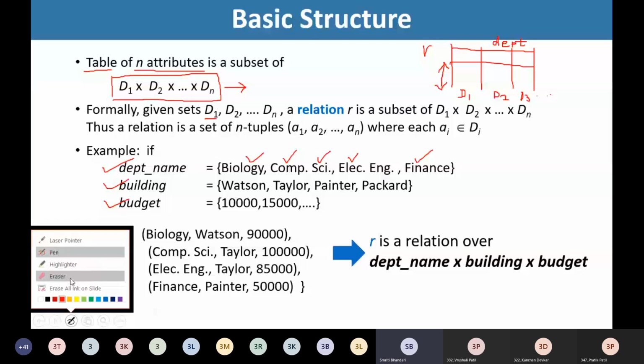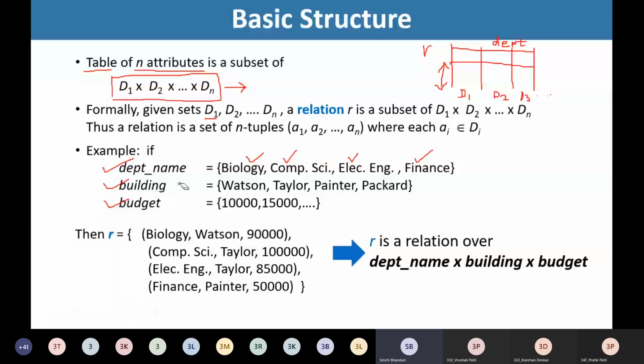The values in the domain for building are Watson, Taylor, Painter, and Packard. And the values in budget are many, like 10,000, 15,000, and so on.